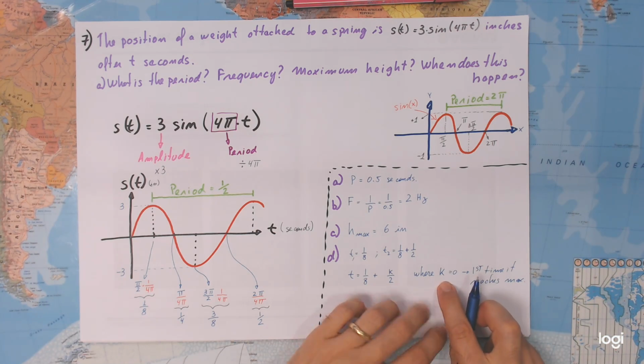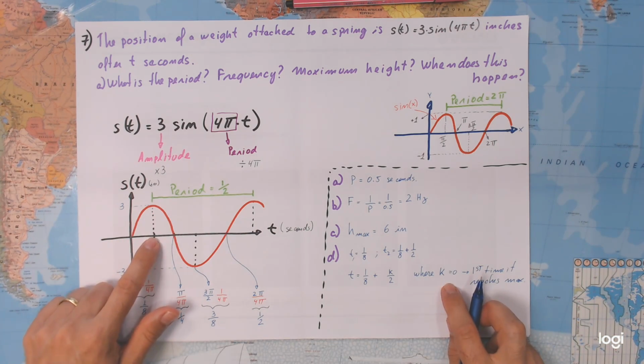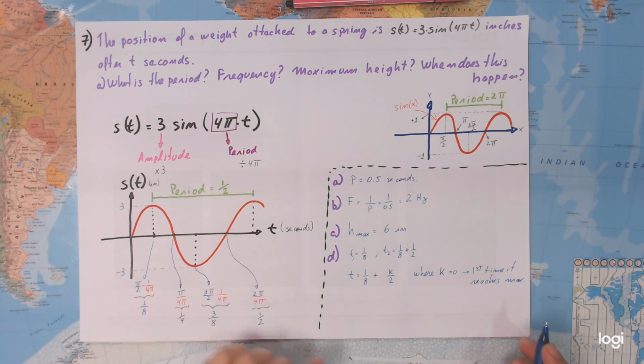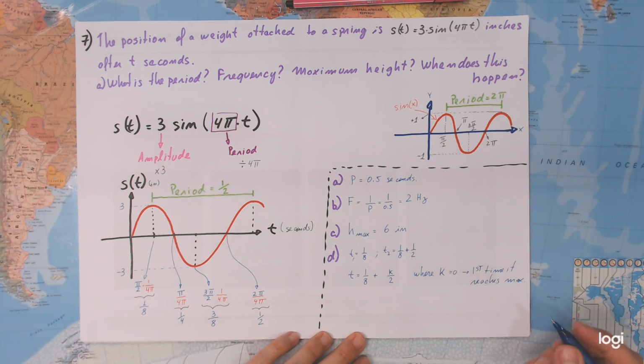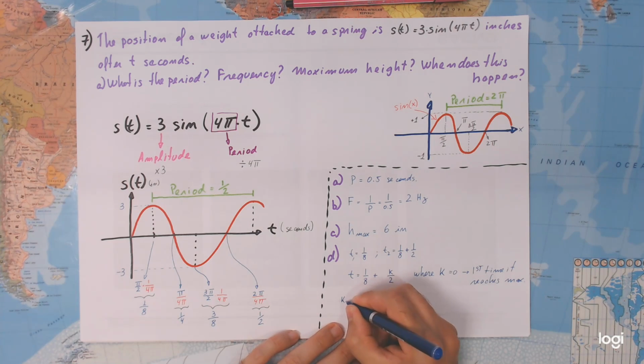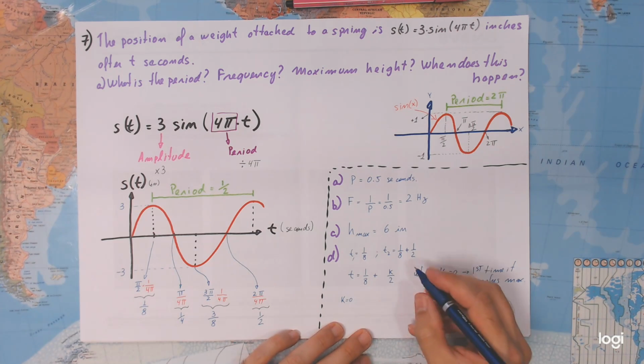K equals 1, this is going to be k0, k1, and so on. So we have for k equals 0, this is the answer.